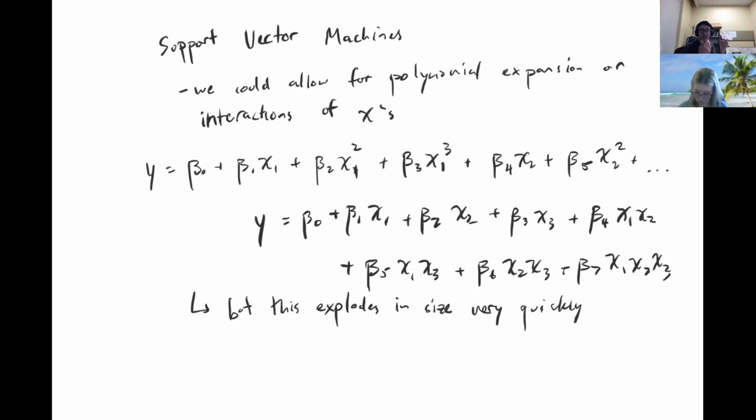Adding polynomials and adding interactions lets your lines get more and more flexible, but the complexity ends up being a little too crazy. So instead, you can modify and generalize the computation of the SVC. SVC uses a linear kernel.